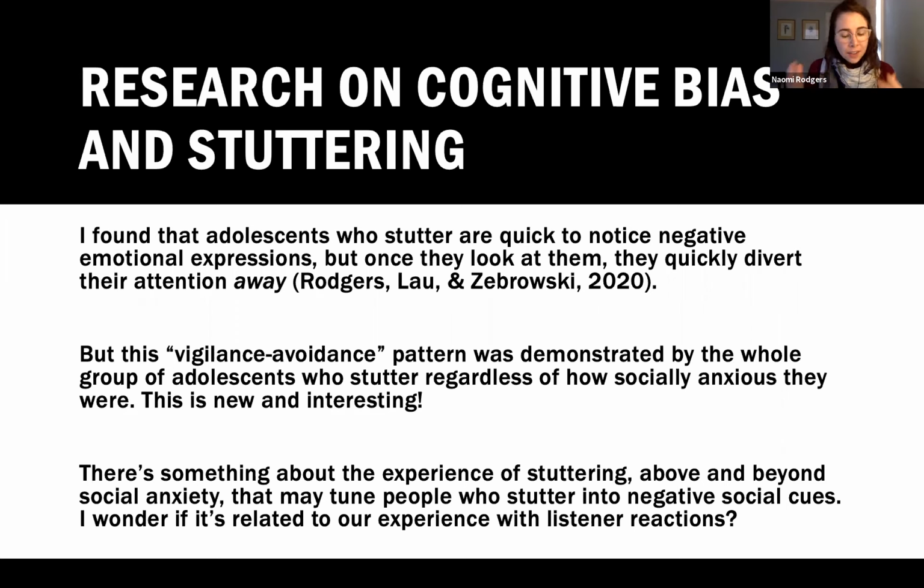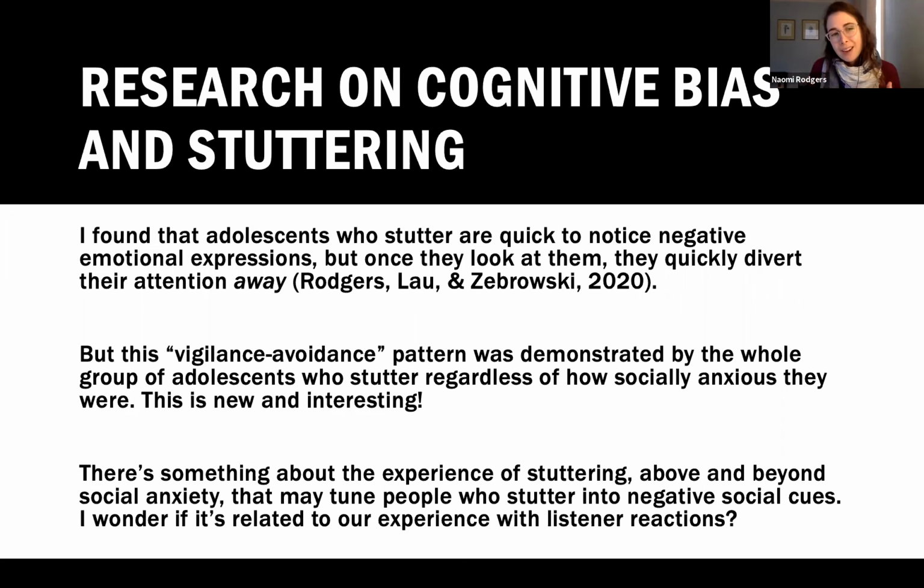And so in trying to understand why this might be, it's hard not to think about our experiences with listener reactions. We know that really subtle listener reactions, even if they're not blatantly or overtly negative, even a slight change in the listener's expression, whether again it's an eyebrow raise or they quickly look away or their mouth smirks a little bit, even a really subtle listener reaction can sometimes be construed as a negative listener reaction.